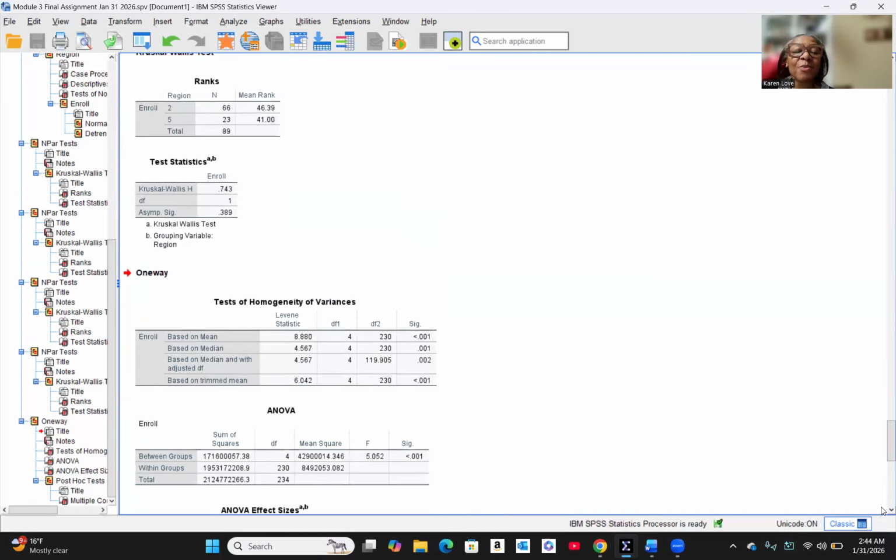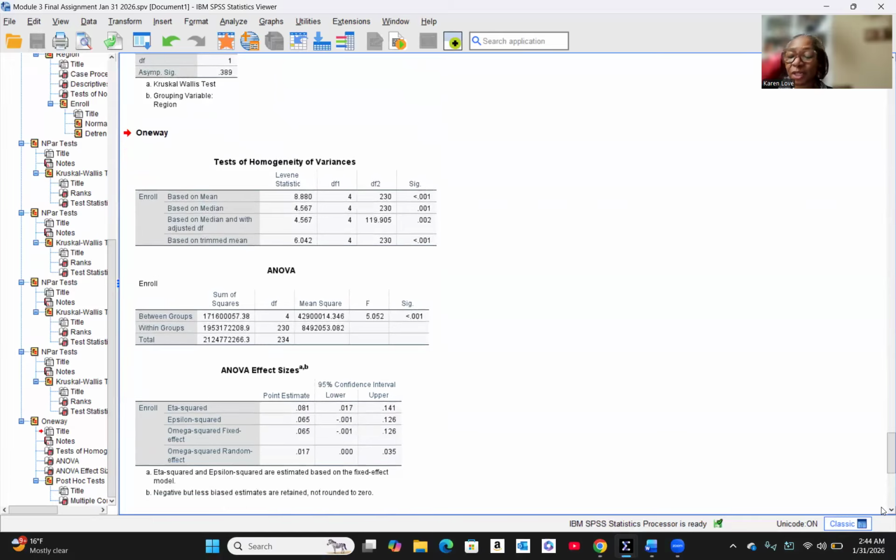So then we look at the test of homogeneity of variances based on the mean, less than 0.001. And then I read my ANOVA. So when we look at the ANOVA, we see the significance is less than 0.001.